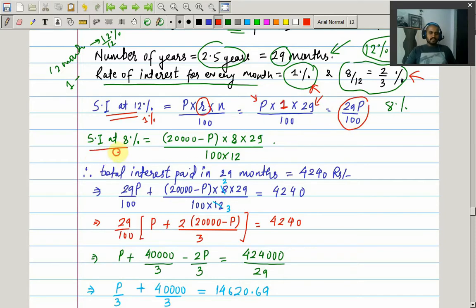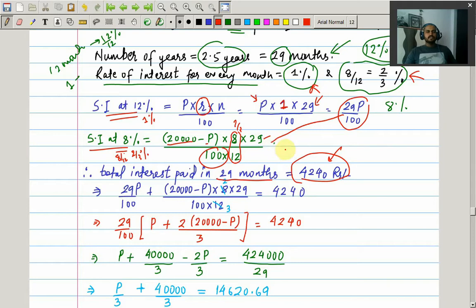Simple interest at 8% or 2 by 3%. That is 8 by 12%. So the amount is 20,000 minus P. This is 8 by 12. I can write 2 by 3 instead of it, so you can cancel it. 29 is the number of months upon 100. So total interest paid in 29 months is this. Question says the total interest is this. But that guy is paying two different interests, 29P upon 100 and this.